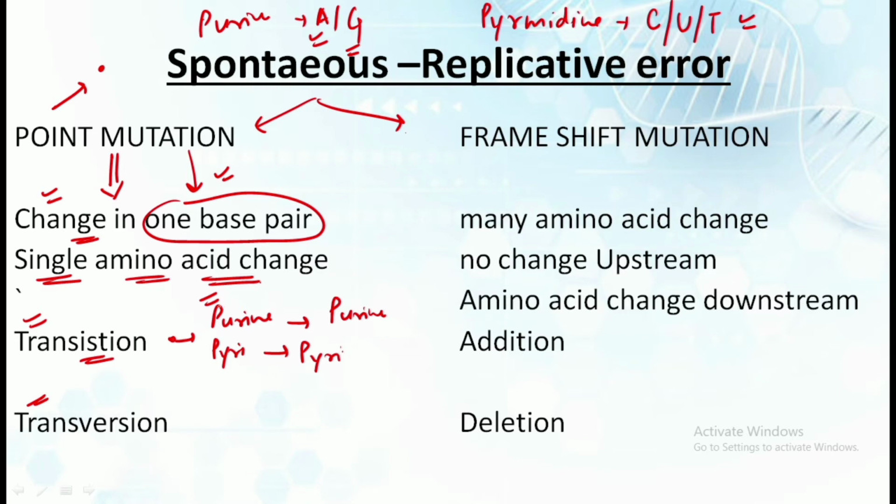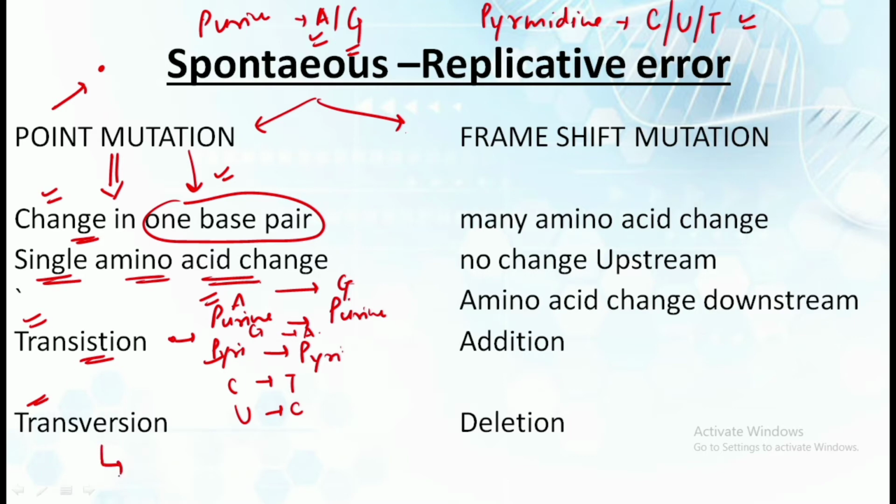So when an adenine gets converted into a guanine, it is a result of a transition. And in case of pyrimidines, when a cytosine gets converted into thymine or when a uracil gets converted into a cytosine, we would call it a transition.